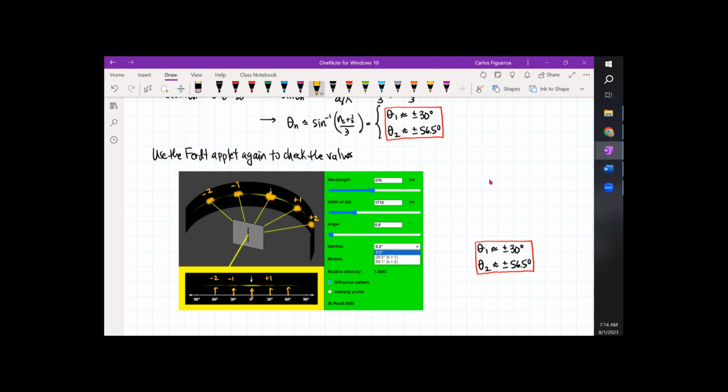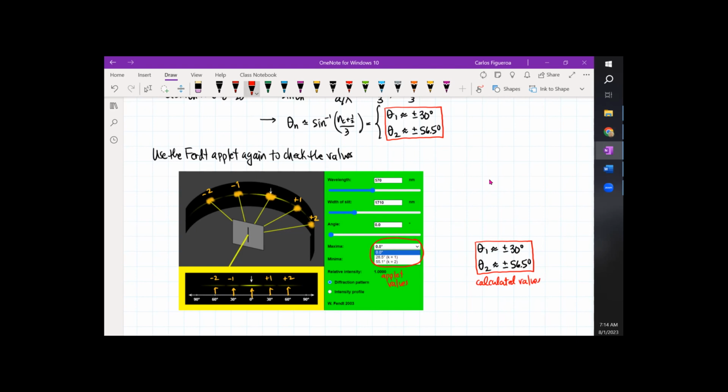This will be +1, and this will be +2. So the first thing that you should note here is that right here are the applet values. Over here, these are our calculated values.